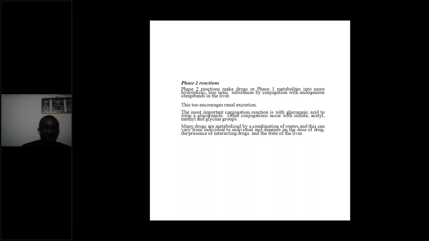Now, all that the liver wants to achieve is to make this drug move out of the kidney easily, okay, because you know, if something is not water soluble, it's difficult for it to go through the kidney. So the most important conjugation reaction is with glucuronic acid to form glucuronide.